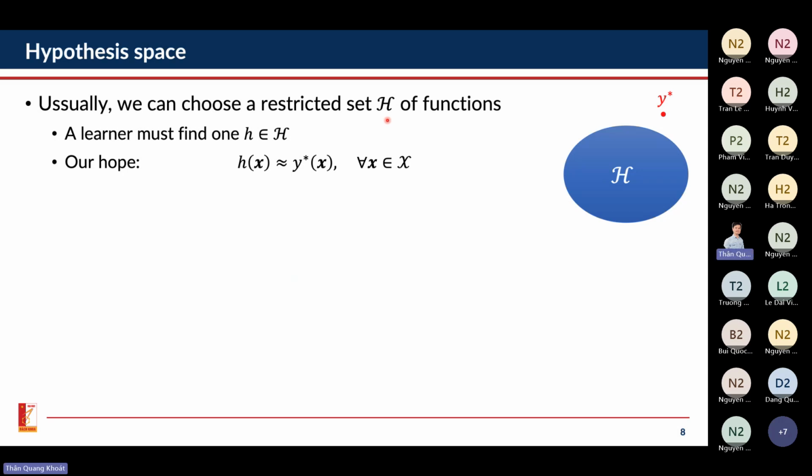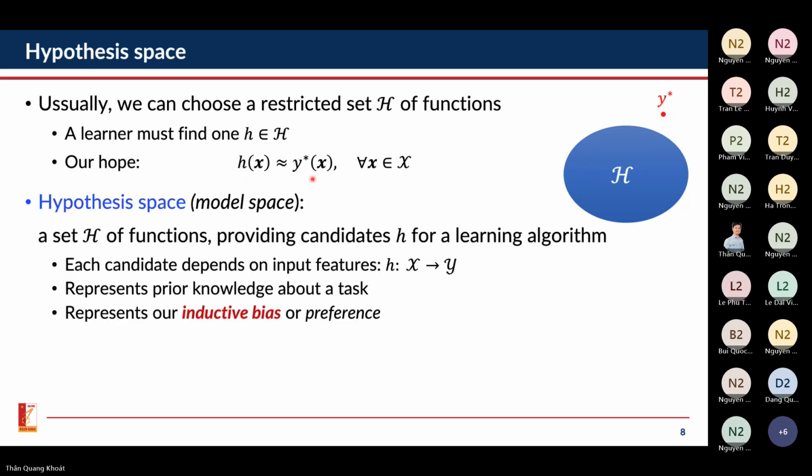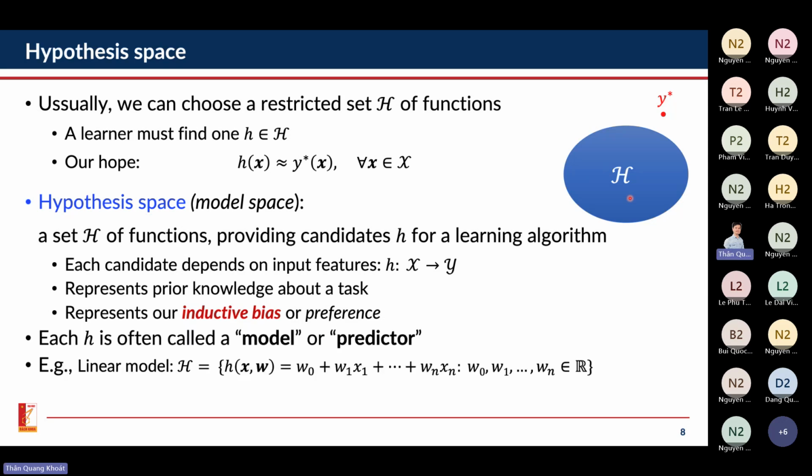For example, we use a linear model. It means that we choose a family of linear models, and we will find one specific one to approximate the unknown function. That is the way we often use. This set we sometimes call the hypothesis space, or the model space. This is just one example: a family of linear models.